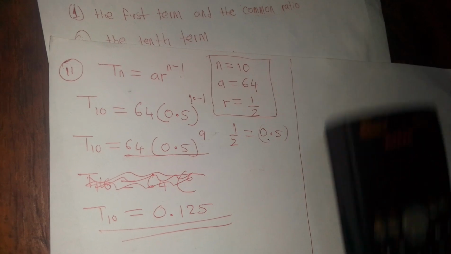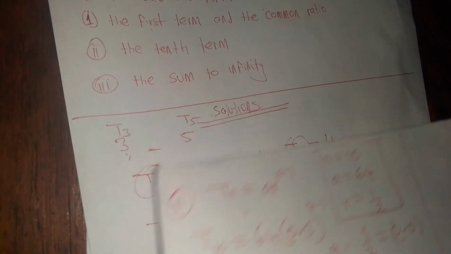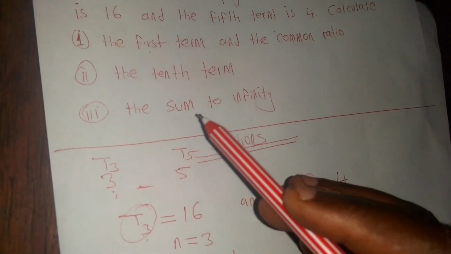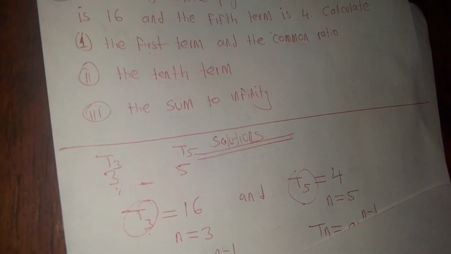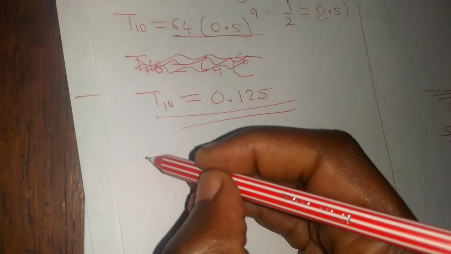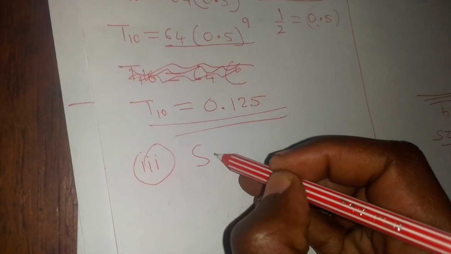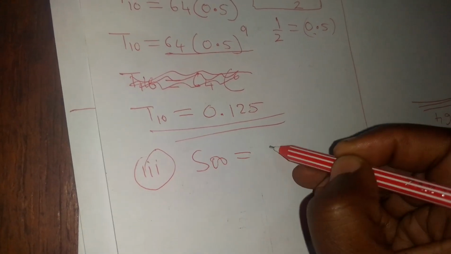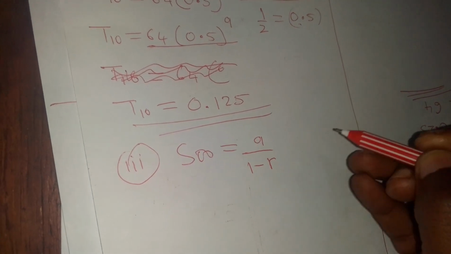Then the question continues. It says the sum to infinity, that is part 3. For the sum to infinity, you use this formula: sum to infinity equals a over 1 minus r.